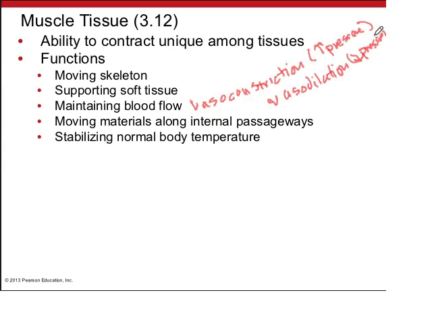Okay. It moves materials along internal passageways in a very similar fashion. There's smooth muscle, for instance, in the digestive system that contracts, producing wave-like motions called peristalsis. Let's write that down, peristalsis.